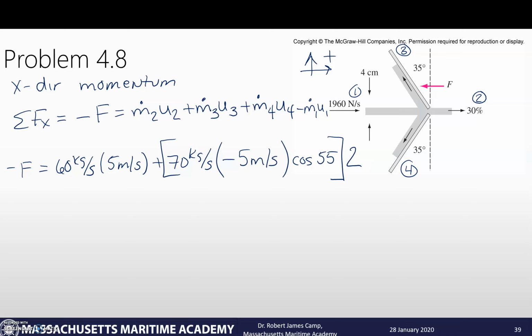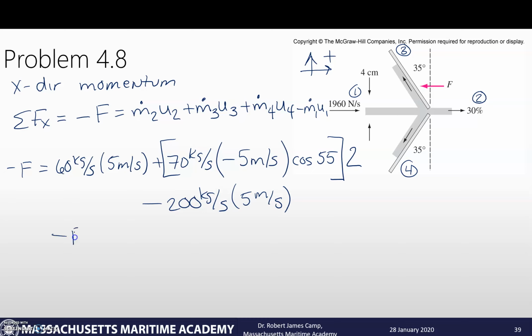Now we have to do everything coming into the system. So we're minus 200 kilograms per second, because that's the mass flow rate coming into the system, times the velocity coming in the system, 5 meters per second. It's all in the positive x direction, so there's nothing that we have to do with that. So now if I go and I calculate this stuff out, what am I going to get?